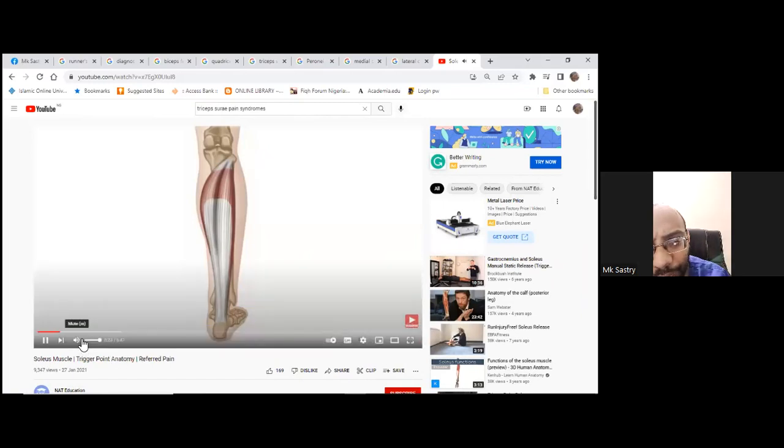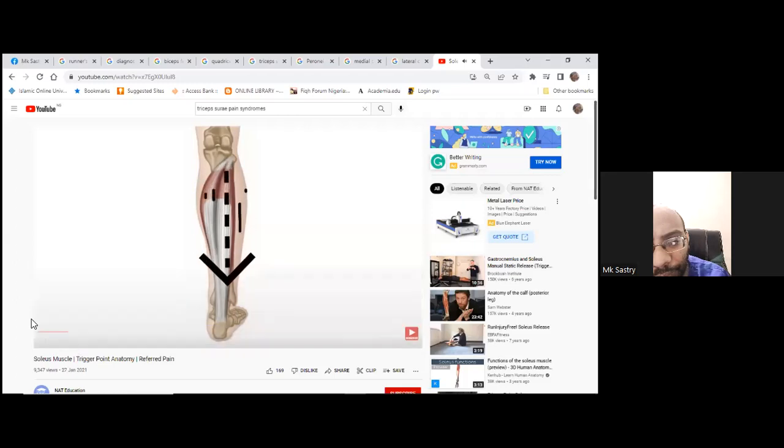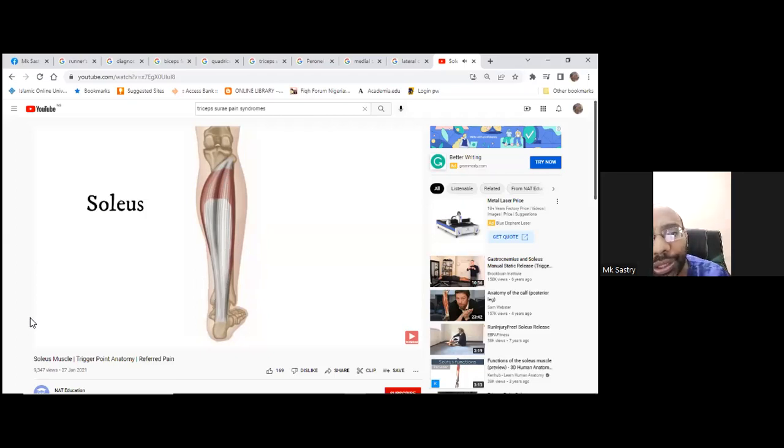And then you can see it is a very broad muscle which runs all the way down and inserts through the Achilles tendon into the back of the heel. So the muscle really does look a bit like a flatfish.